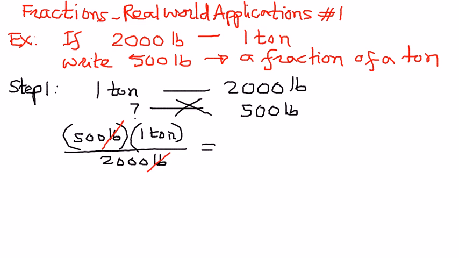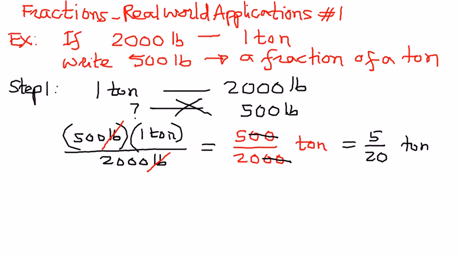The numbers we need to simplify are 500 in the numerator divided by 2,000 in the denominator, and this is going to be in tons. Whenever we have a number ending in zeros, we can simplify it as follows. I have 2 zeros in the numerator, so I can strike them out. 2 zeros in the denominator, I can strike them out. So it simplifies to 5 over 20 tons.